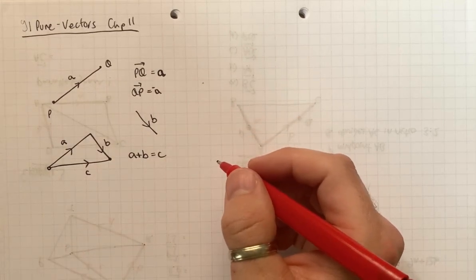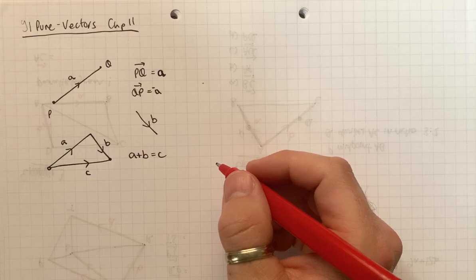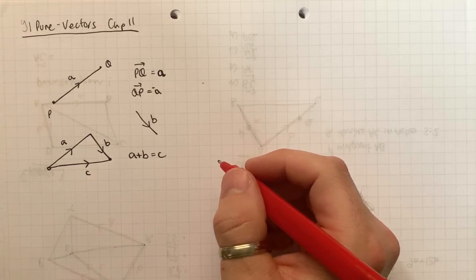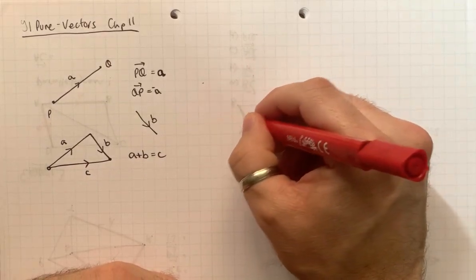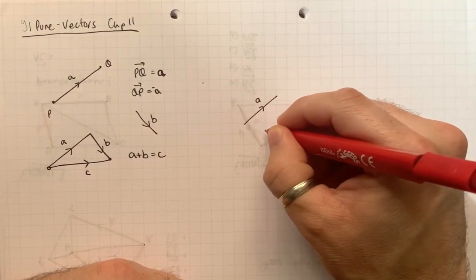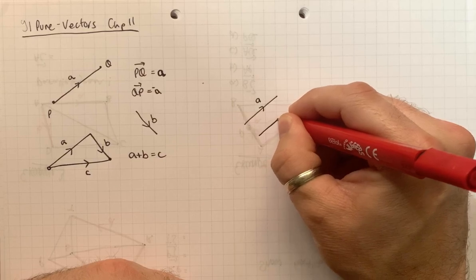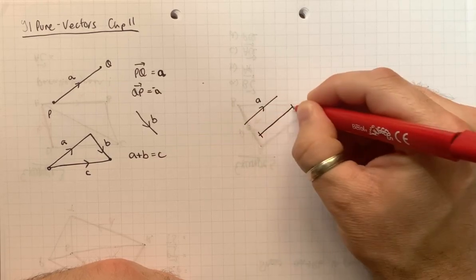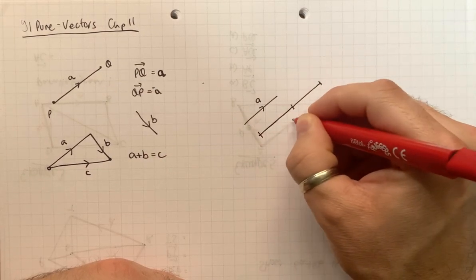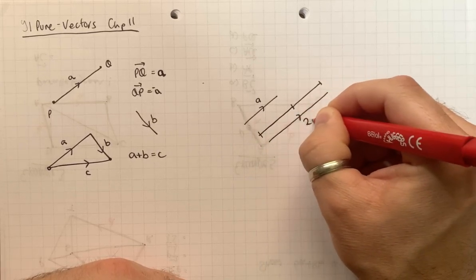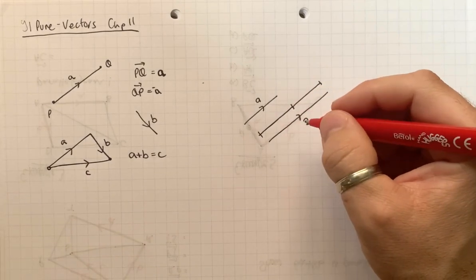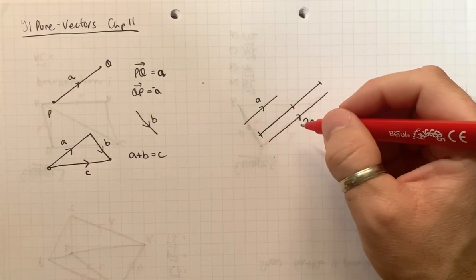Right, let's just skip on now to the... before we do that, if, say for example, this is a, then if we have a vector that's parallel to it but twice as long, then that would simply be 2a. And you can tell if any two vectors are parallel because one will be a multiple of the other.